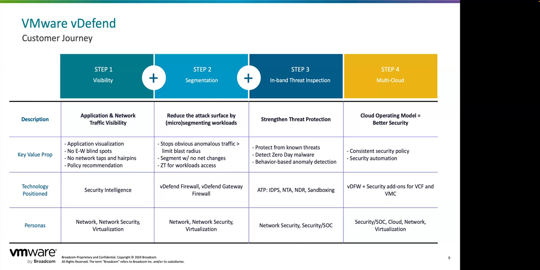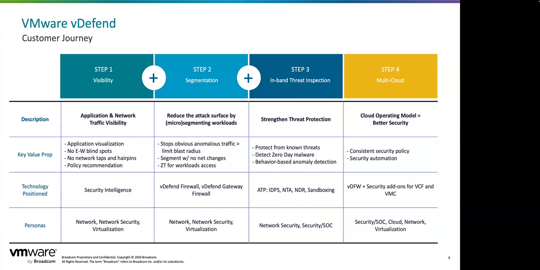And then the technology positioned here, obviously vDefend distributed firewall, which is capable of running in your on-prem as a security add-on, as well as any of your hyperscaler clouds like VMware Cloud on AWS or Google Cloud VMware Engine, Azure VMware Services, all capable of supporting the vDefend security portfolio. And as far as the personas go, this might be the security or SOC team. Maybe there's a dedicated public cloud team or cloud team, the network team, or the virtualization team.